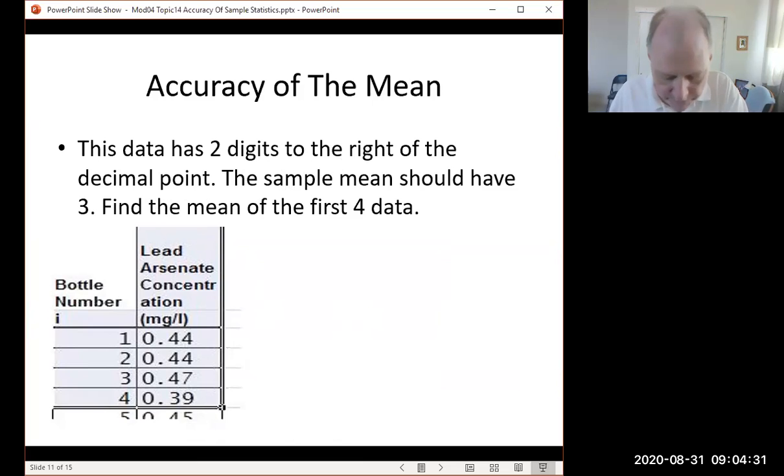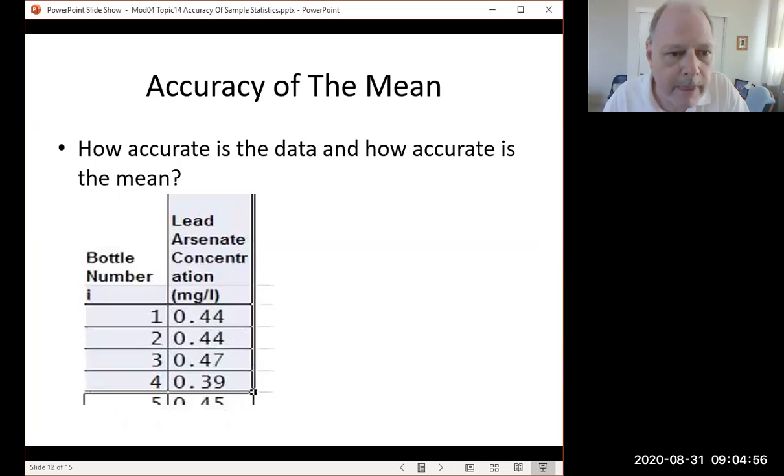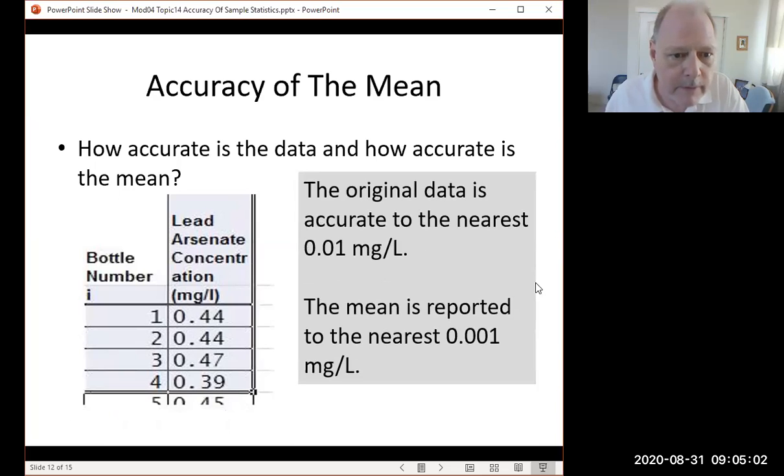Find the mean of the first 4 numbers, you add them together and divide, and you report 0.435 milligrams per liter, because you want to go out to the 1,000th place, 1 digit more than the original data had. How accurate is the mean? Since the original data was accurate to the nearest 100th of a milligram per liter, the mean is reported to the nearest 1,000th of a milligram per liter.